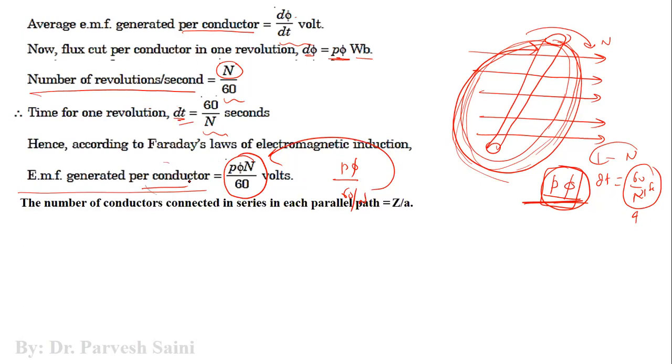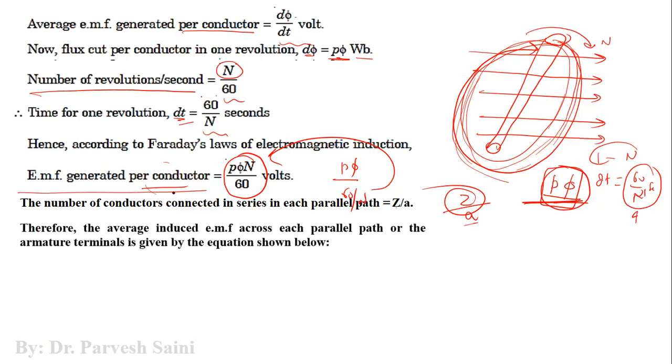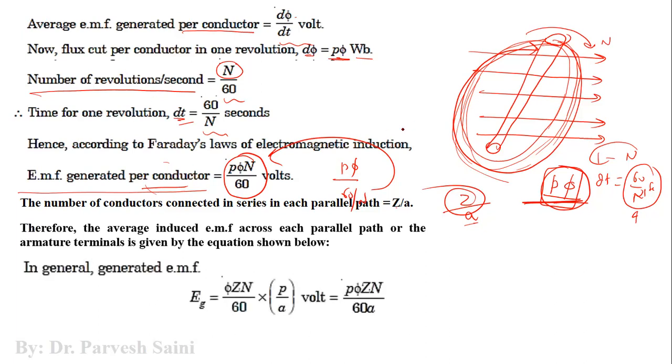Now, this is for one conductor, but we have Z number of conductors, right? And the conductors are shared among the parallel paths. So the total EMF induced by Z conductors per parallel path will be the EMF induced in one conductor times the total number of conductors, divided by the number of parallel paths.